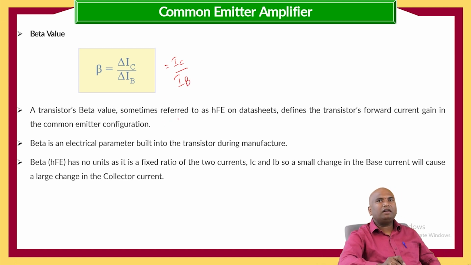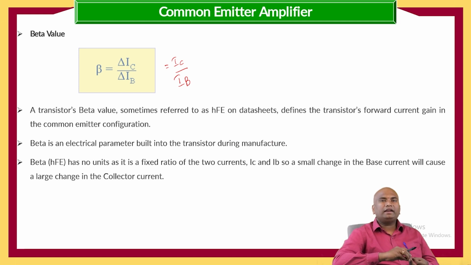A transistor's beta value, sometimes referred to as HFE on data sheets, defines the transistor's forward current gain in the common emitter configuration, where beta is the electrical parameter built into the transistor during manufacture.